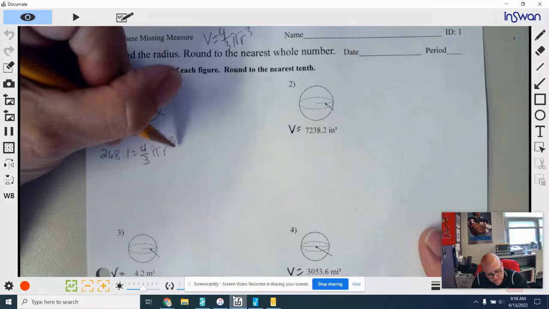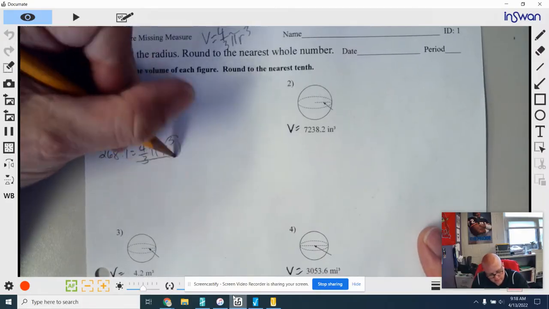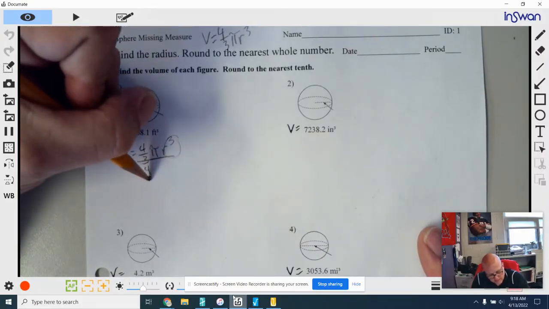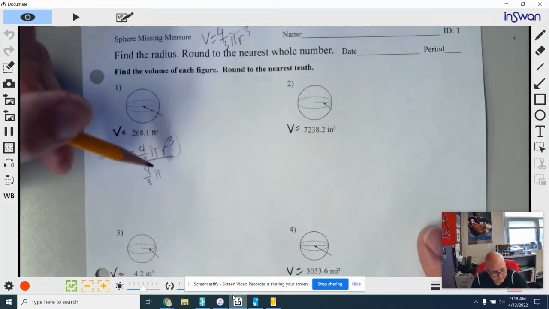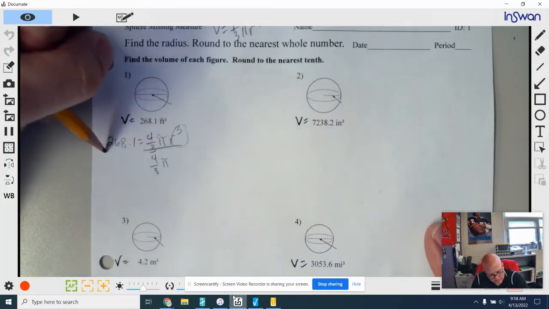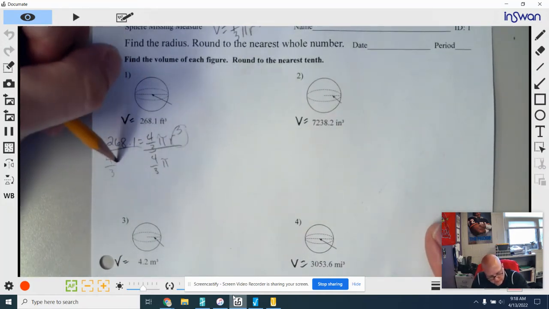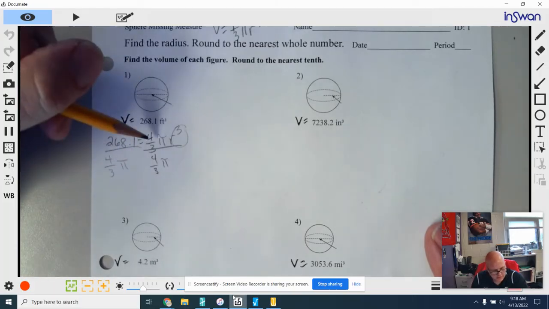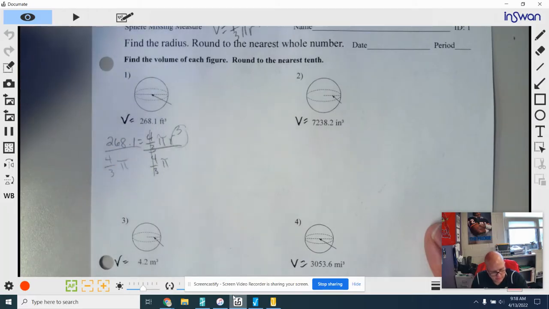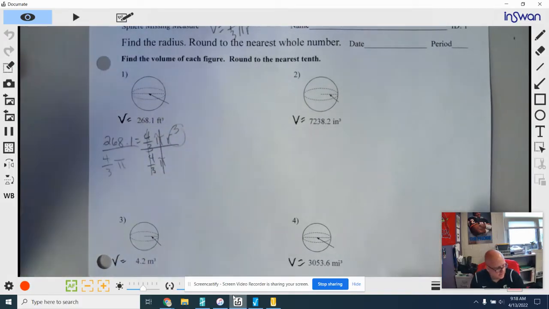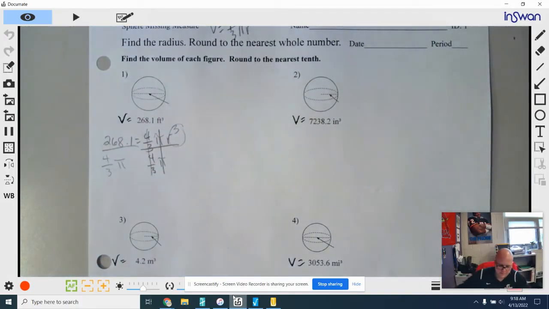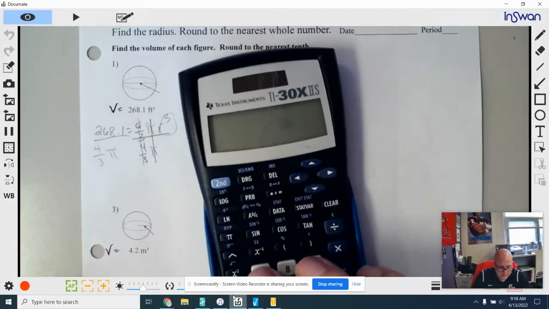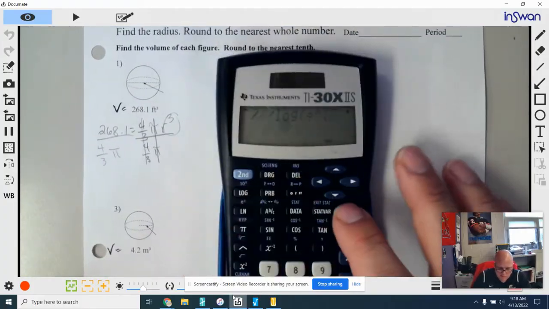So like previously, when you want to isolate something here, we're going to divide by those two pieces right here. And I got to come over here and divide that as well. So the 4/3 over the 4/3 cancels. Pi over pi cancels.